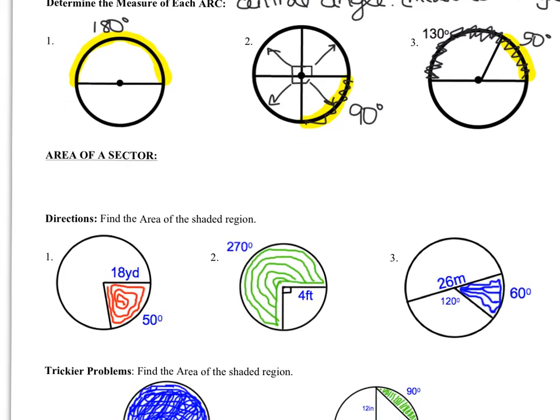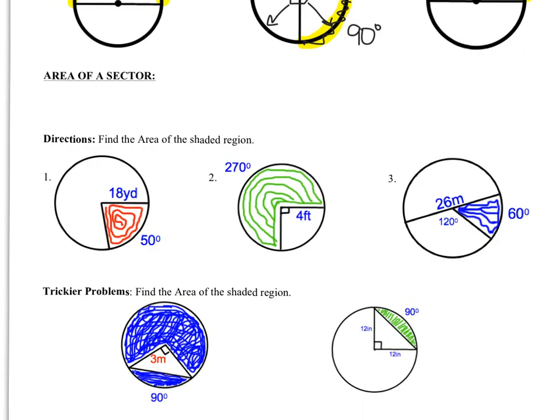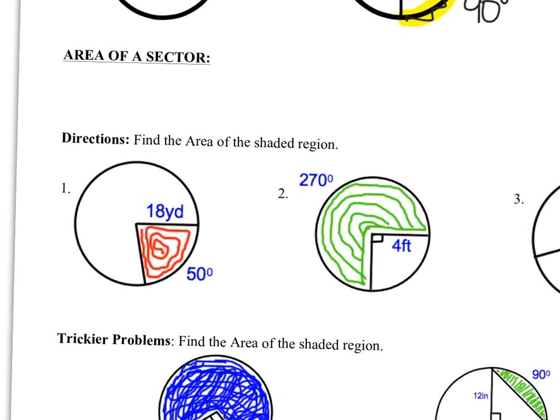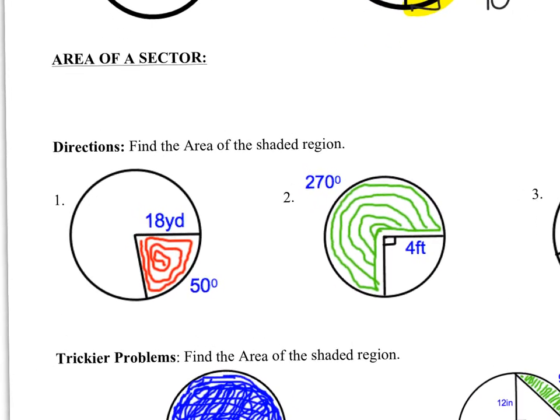Now I want to talk about the area of a sector. I'm going to just zoom in here. When I want to calculate the area of a sector, so that's the piece of pie, I want to determine how much area is in this piece of pie. I know the area of a circle is just pi r squared.